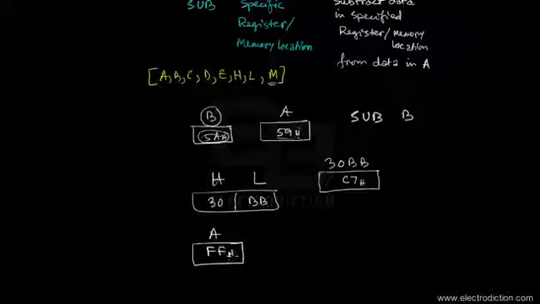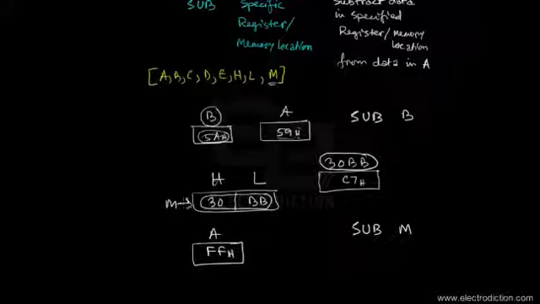In order to do that, we just write the code SUB M, where M corresponds to the memory location 30BB that is currently stored in the HL register pair.